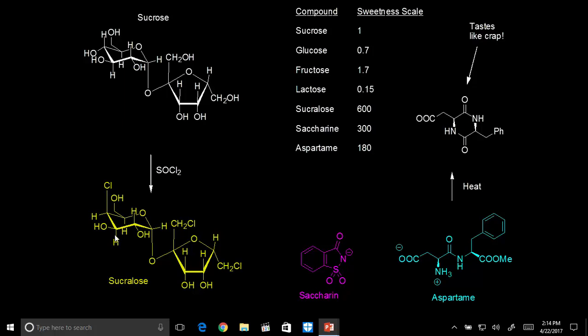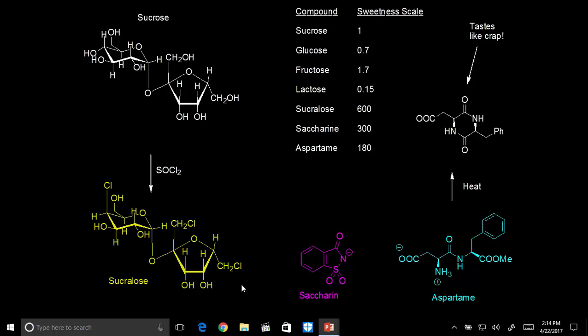Okay, so sucralose turns out to be much sweeter than sugar, 600 times sweeter. Okay, so you don't need nearly as much of it. Okay, a lot of people associate halogenated hydrocarbons with bad things like DDT and polychlorinated biphenyl and things like that.